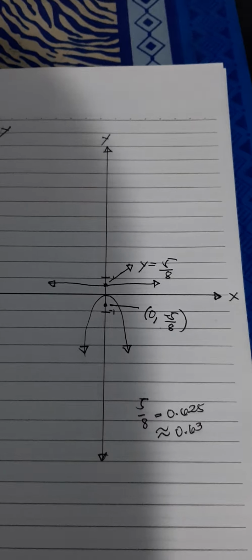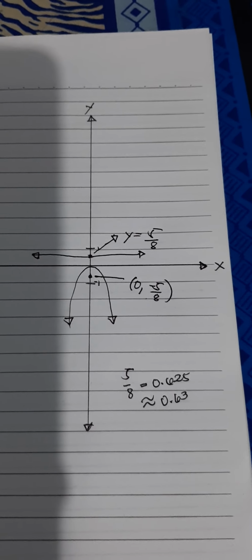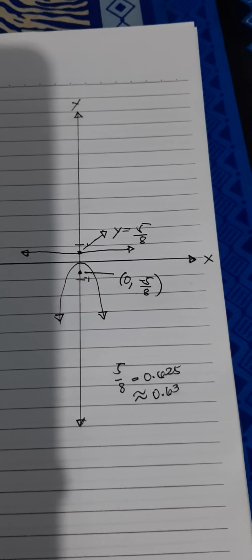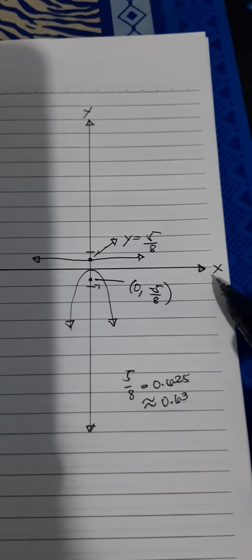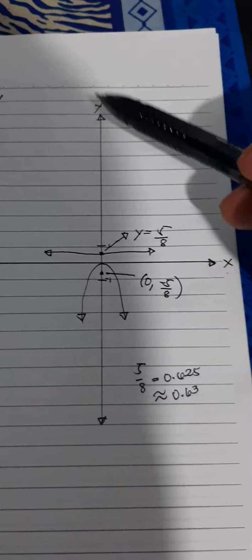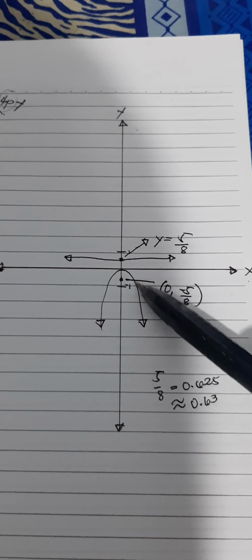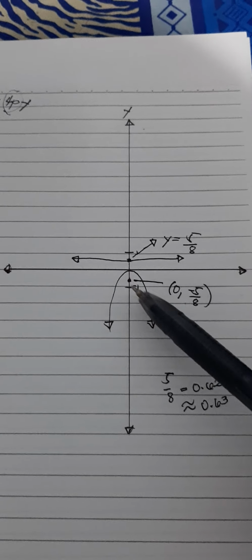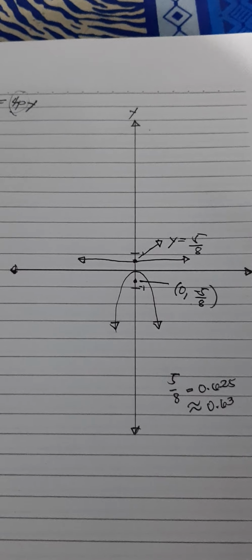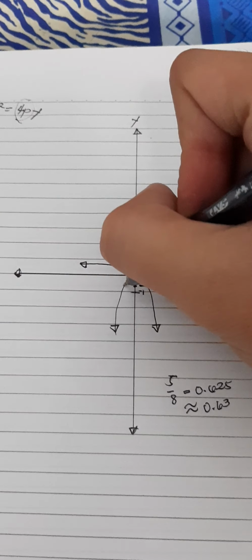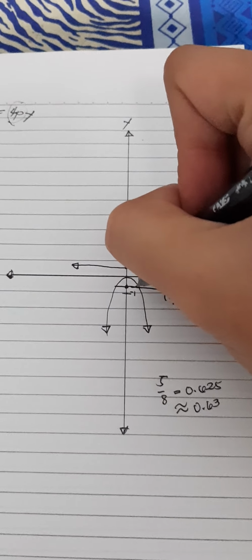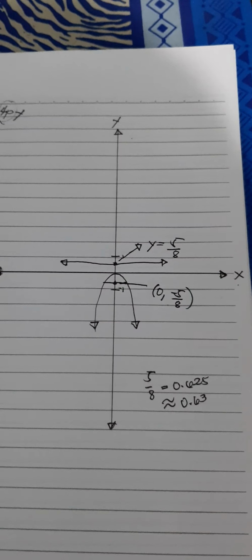Okay, so we have here the graph of our equation 2x squared plus 5y equals 0. We have here the x-axis, the y-axis, and this is the curve or the graph of our parabola. So we have here the point of the focus, and the line that passes through the focus is what we call the latus rectum.